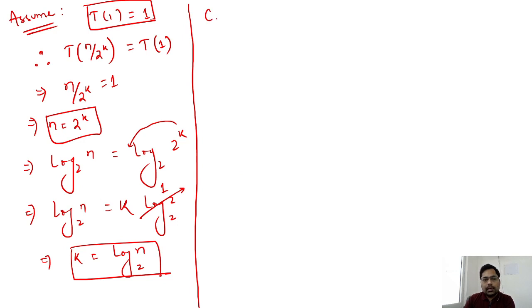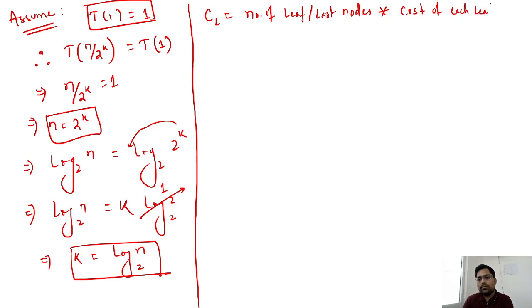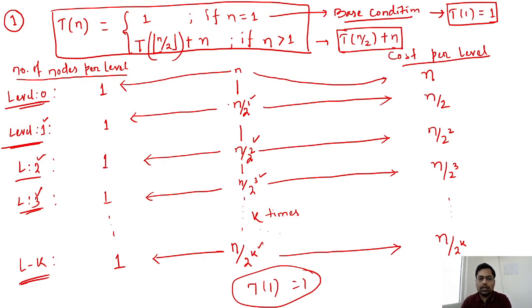Now we have CL, which is the number of leaf nodes, leaf or last nodes, into the cost of each leaf or last node. So the number of leaf nodes will be how much? Here it is 1.